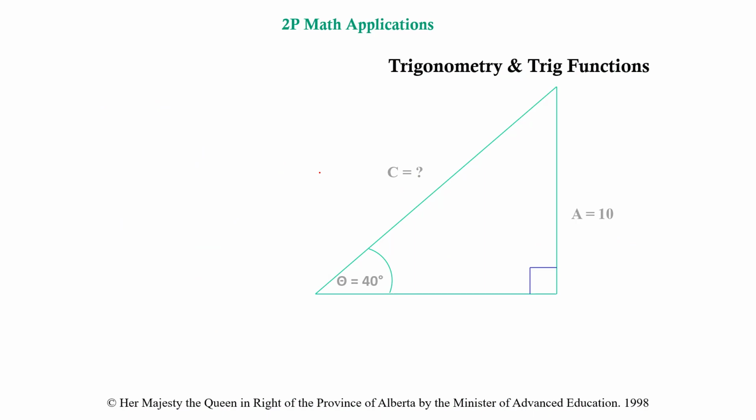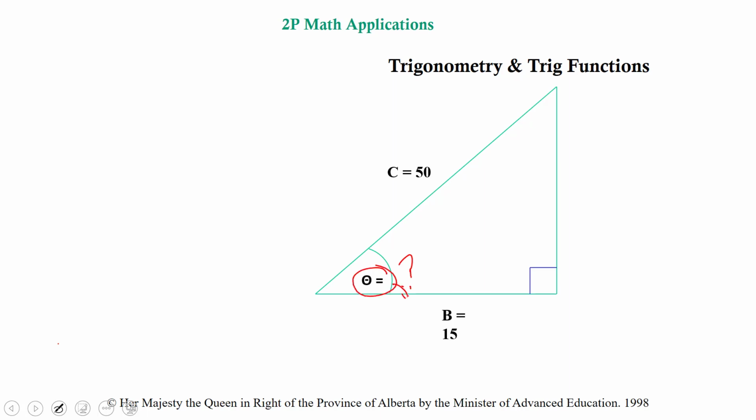We'll try another one. On this one, we are given side B, which is 15, and side C, which is 50, and we have to determine what the angle is. The angle in question is right here.